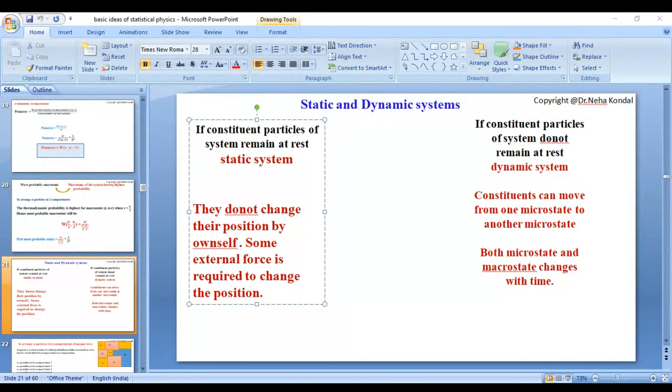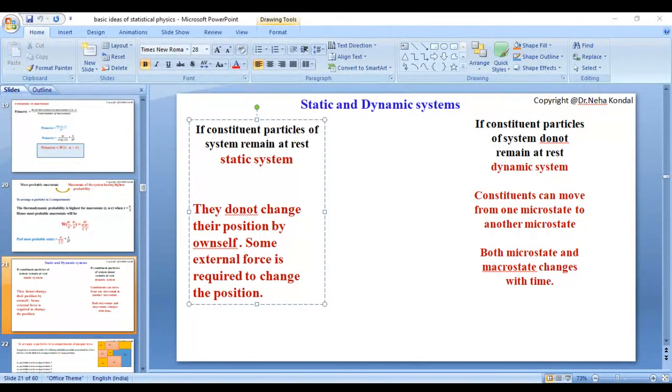But in case of a dynamic system, the constituent particles keep changing their positions. That means the positions are now being described in terms of what? In terms of microstate. So if a constituent particle of any given system can move, so that the system goes from one microstate to another microstate, it is said to be a dynamic system.